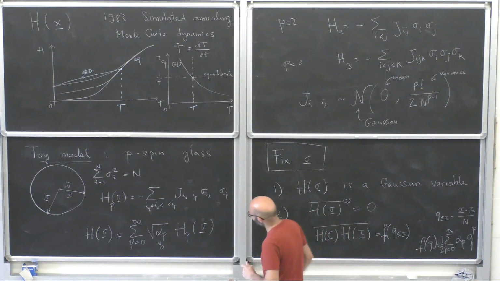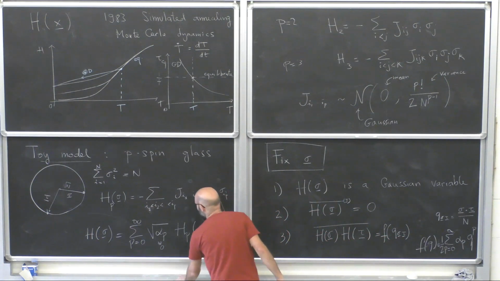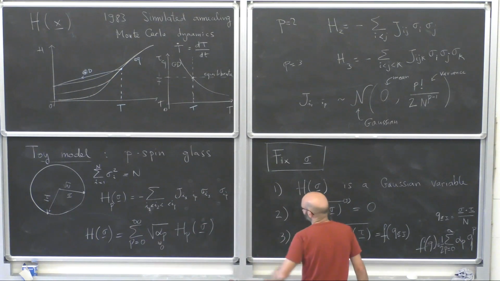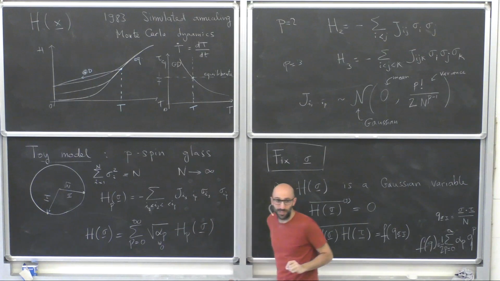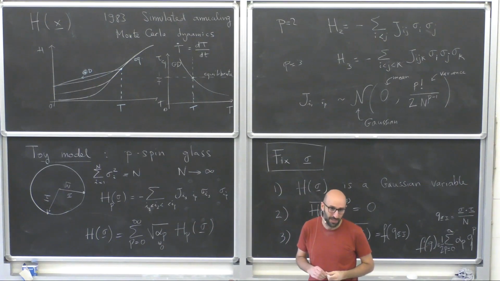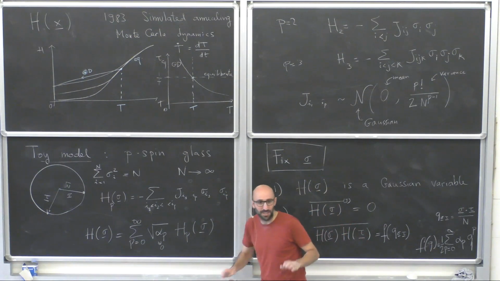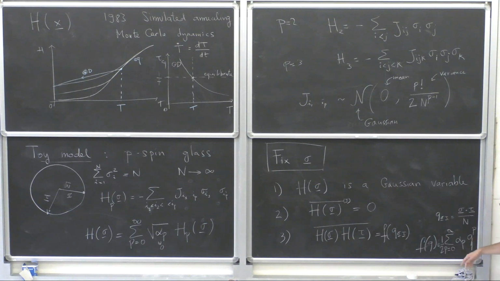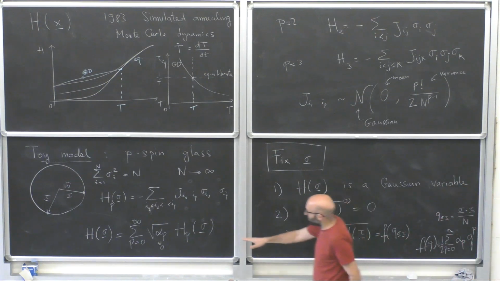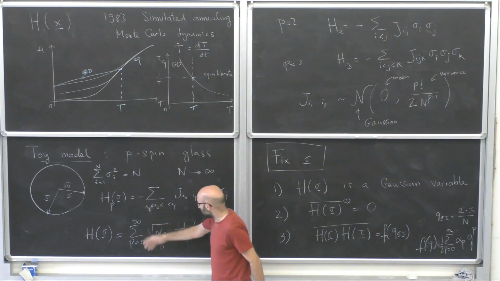Yes, sorry. Here I'm assuming that N is going to infinity at fixed p. So I always want to take the thermodynamic limit first. In the end, I write it formally as a sum to infinity, but in practice, for what we need to do, it's enough to keep p finite.